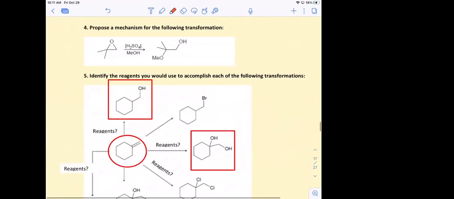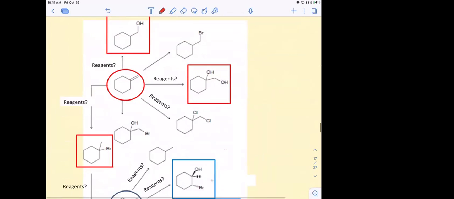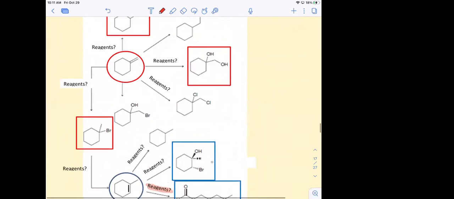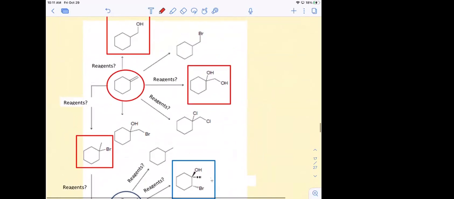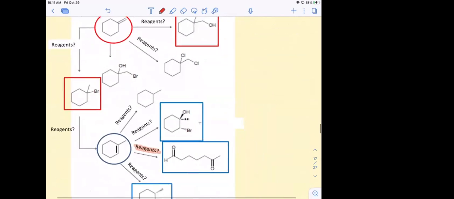So we're going to go right here. We're going to start up top, and we're going to do this epoxide opening. We're going to talk about that as well. Do y'all want to do that first, or would you rather start down here? I think we can come back to the epoxide opening. Let me see if there's an epoxidation down here. No. We can come back to that because that's an actual mechanism that we're going to have to work through.